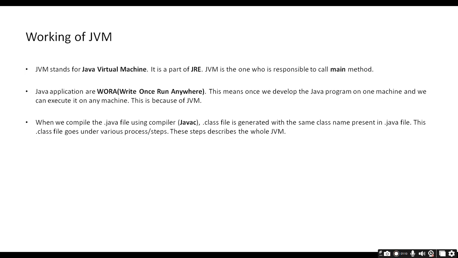When we compile a .java file using the javac compiler, a .class file is generated with the same class name present in the .java file. This .class file undergoes various processes or steps. These steps describe the whole JVM system. When we compile Java code using the javac compiler, a .class file, or bytecode, gets generated.